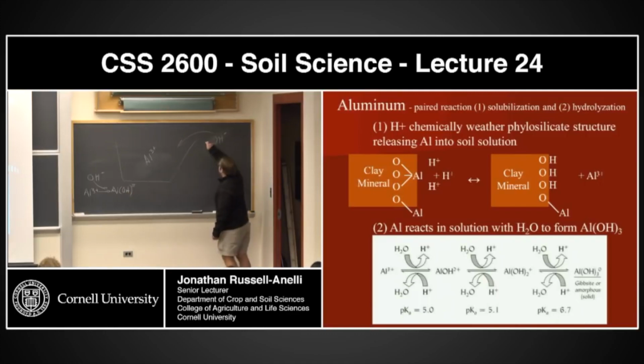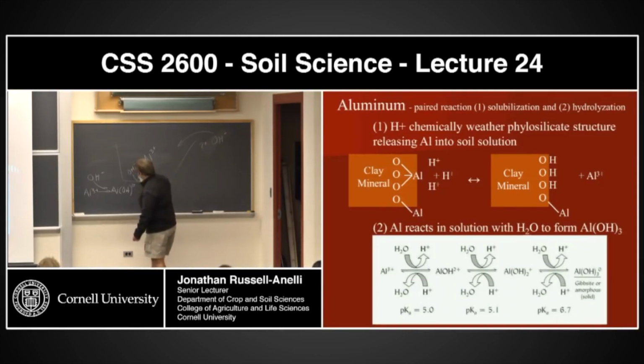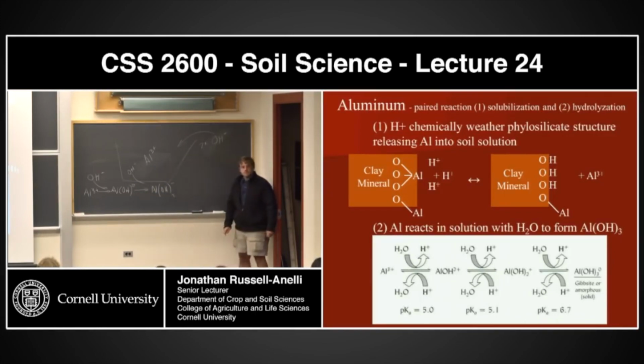Now, okay, so I'm going to add 2 of these. I'm going to add another one. I add another hydroxide, OH. This combines with this. And in essence, I've neutralized another hydroxide in the soil solution. I'm resisting the rise in the pH. I do another one.